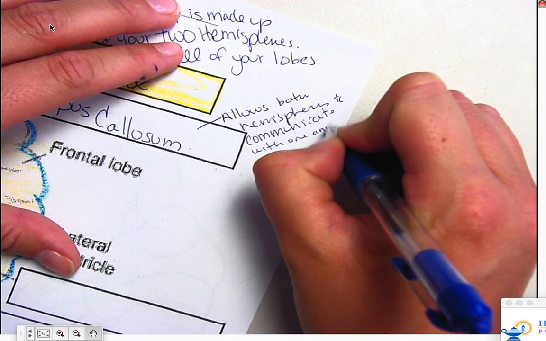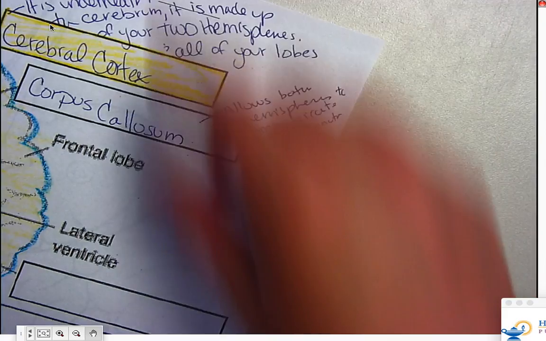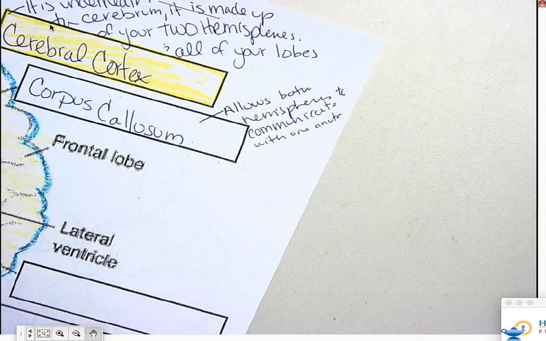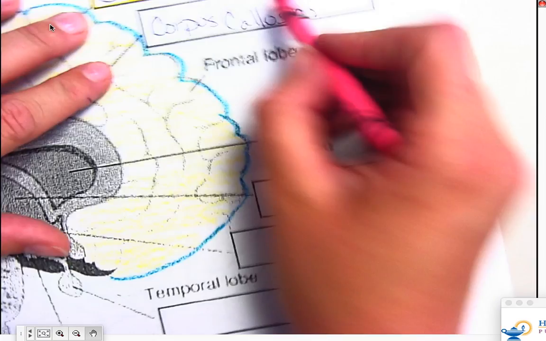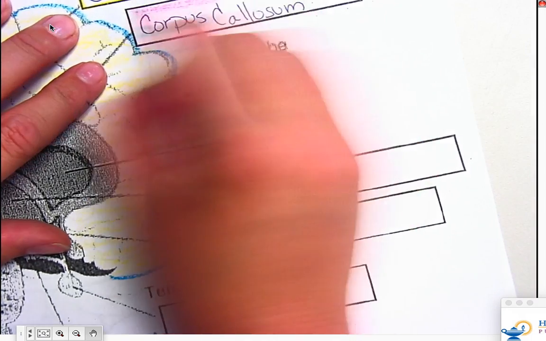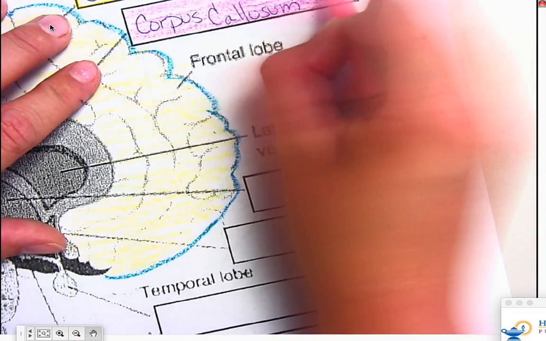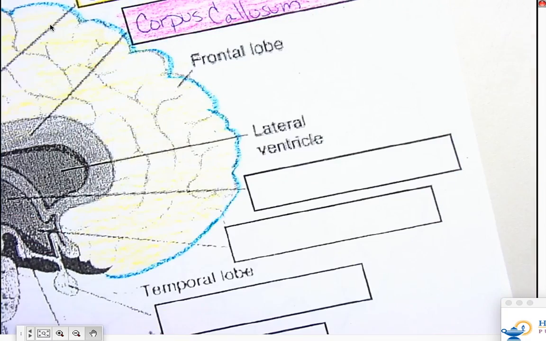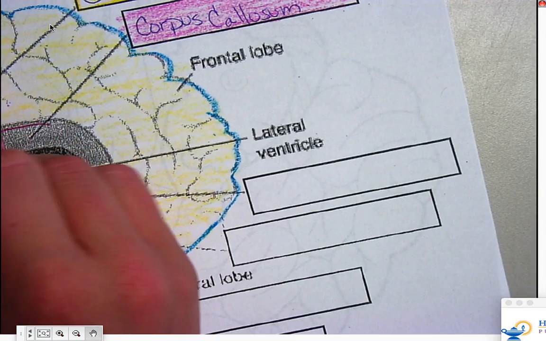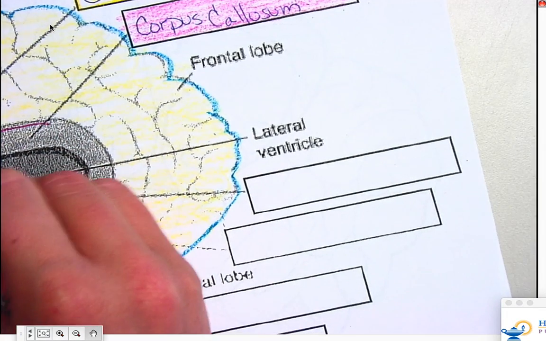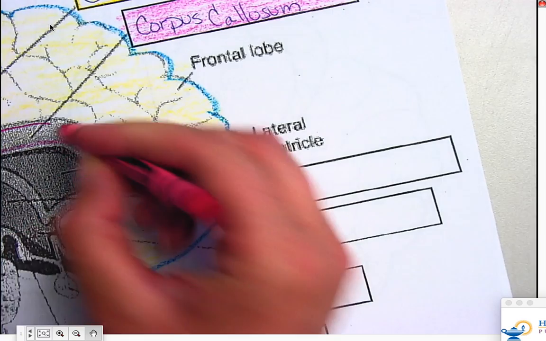Now I'm going to show you a video clip here, probably on Thursday, where you're going to meet a guy who got his corpus callosum cut, and he's awesome. The video is made in the 80s. He's got an awesome sweater on. It's a great one. It's one of my favorites. But the corpus callosum is right here in the center of your brain and allows your two hemispheres to talk.